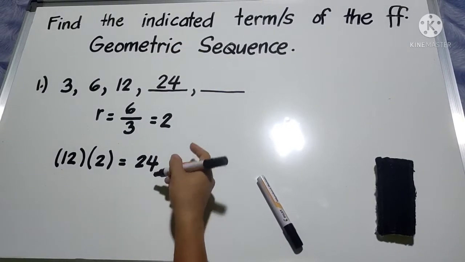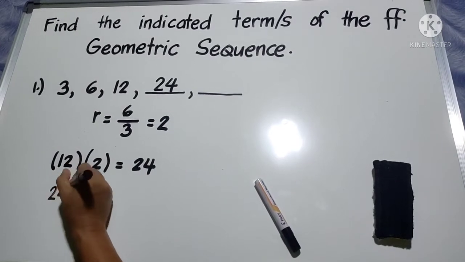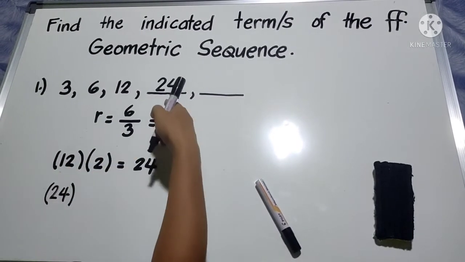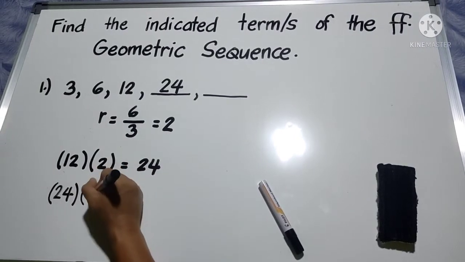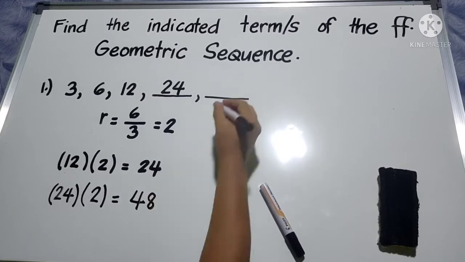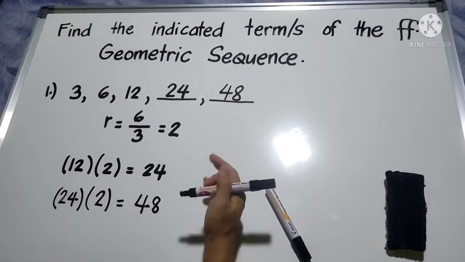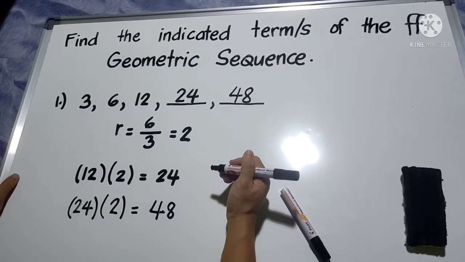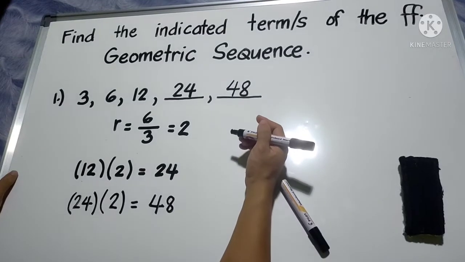Then, to solve for the next term, you'll have 24, because 24 now is the last known term. Multiply it by the common ratio 2, and that will give you 48. So 48 will be written here. So that's how simple it is to get the unknown terms of a given geometric sequence.